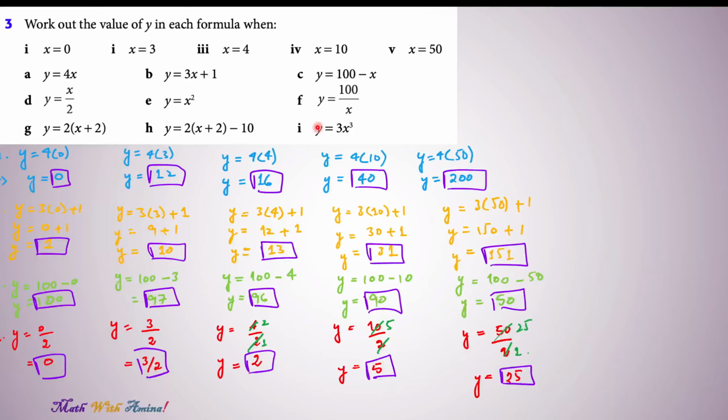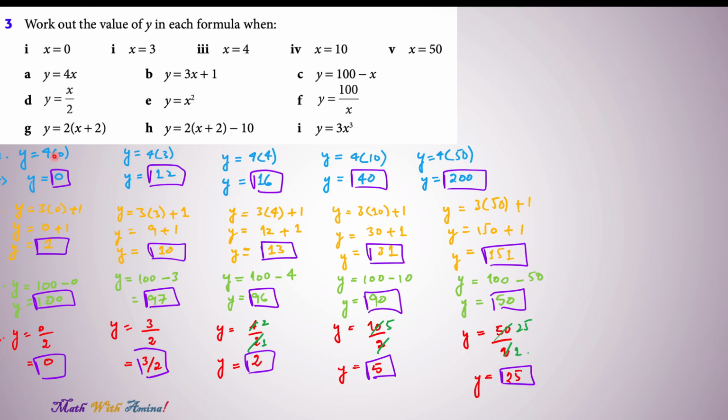So with that, we will make a start with the question. As you can see, we will be using the different equations given here, and in each equation we will put the different values of x and solve for the value of y. So here y is equal to 4x.